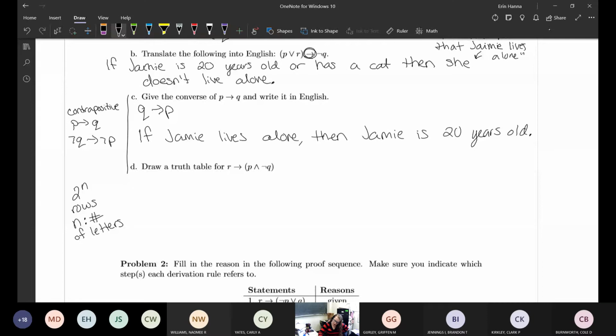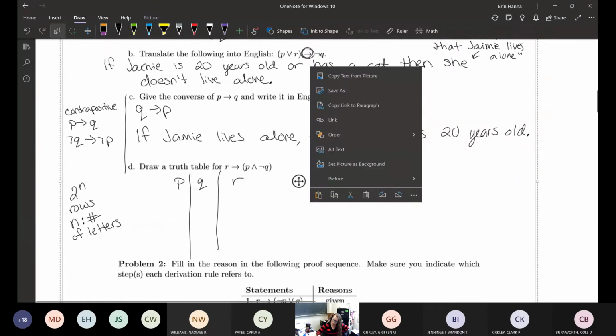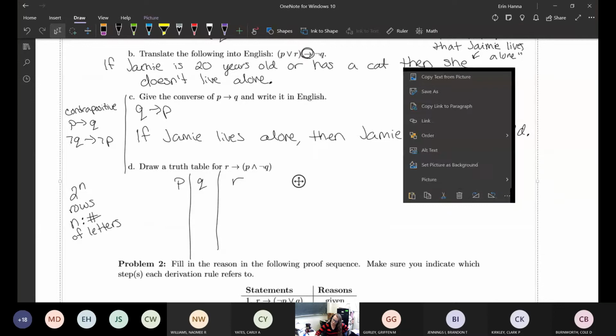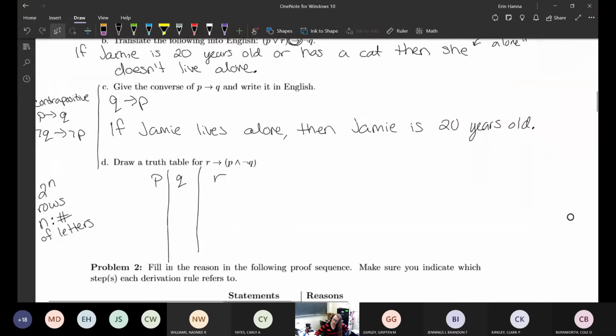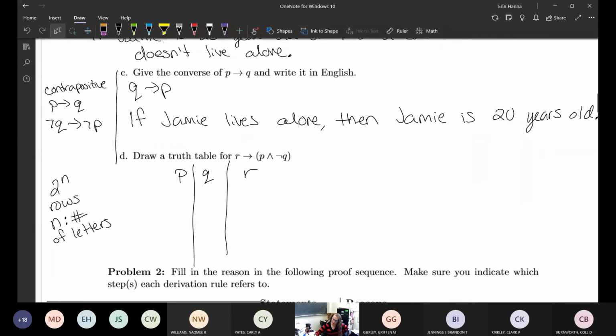Can I fit 8 rows in here? We're going to have P, Q, and R. I guess if I write kind of small, let me zoom in a little bit. There we go.